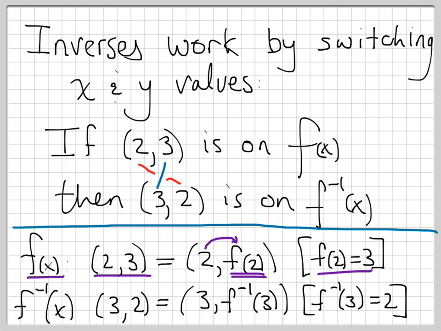Likewise, when we take f inverse of x and we get (3, 2), plugging 3 into f inverse should give us 2. The y value is always the function applied to the x value. So f inverse of 3 is 2, and f of 2 is 3. And so you can see how an inverse relates the output to the input based on the original function.